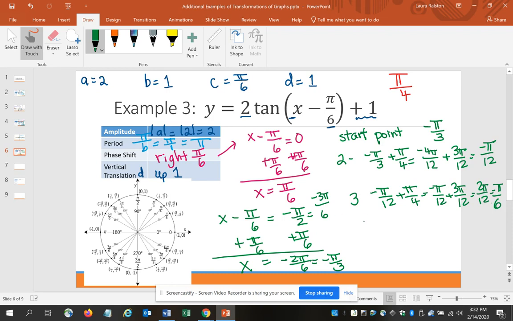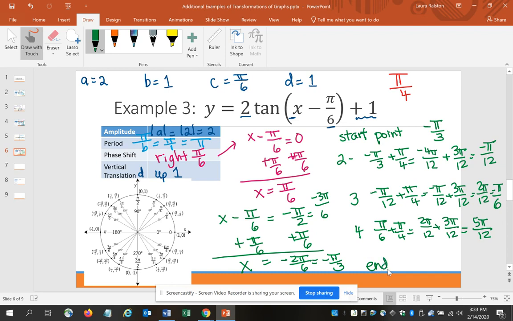Then to find the fourth point, we go pi sixth plus pi fourths. So that gives us 2 pi twelfths plus 3 pi twelfths, which is 5 pi twelfths.